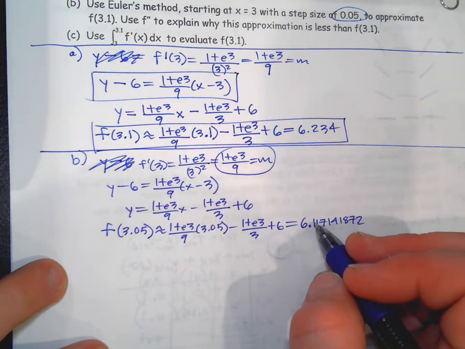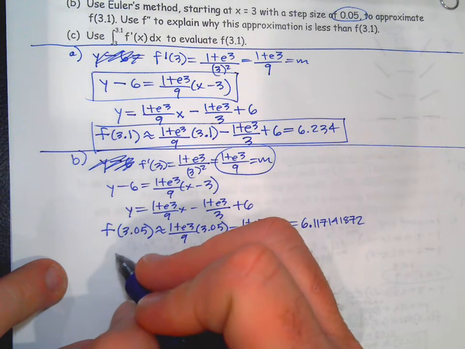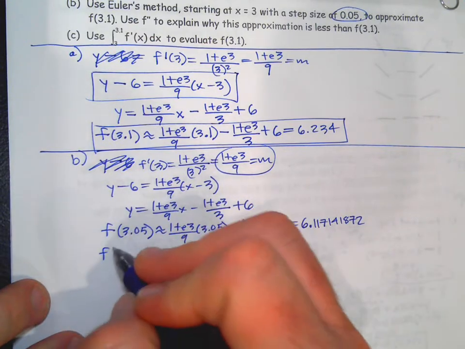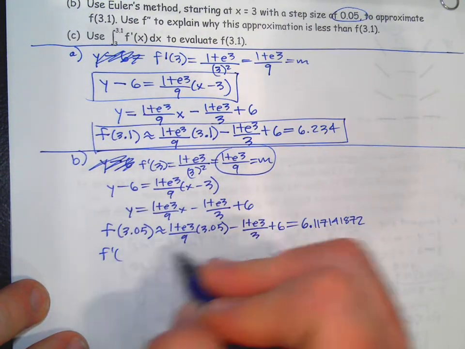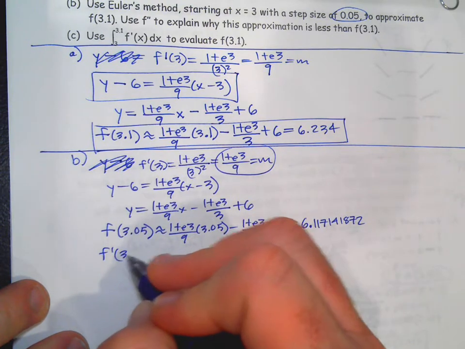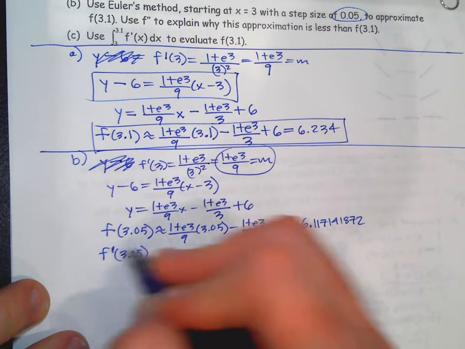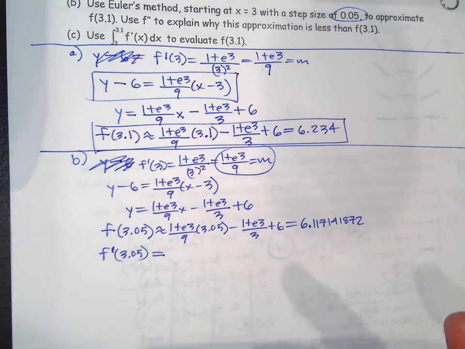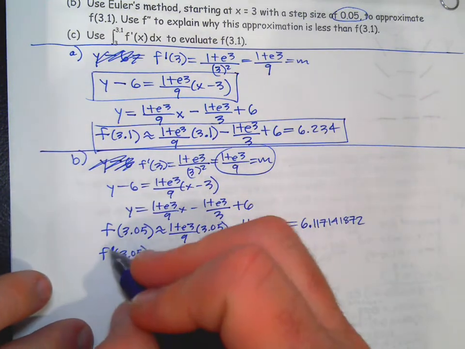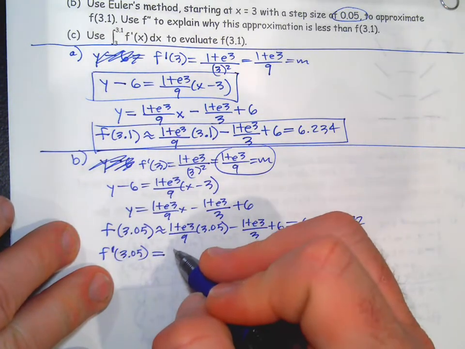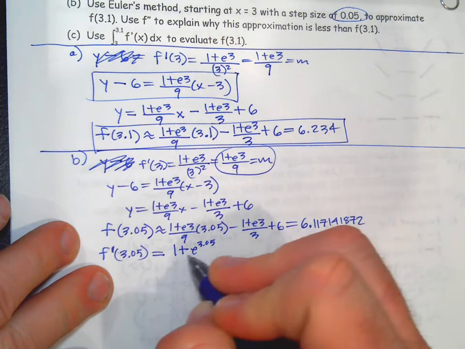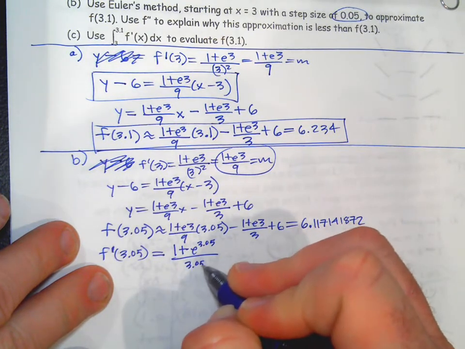So then we need to find the derivative at the last value. And I'm just going to write it as a decimal. It is 1 plus e to the 3.05 over 3.05 squared.